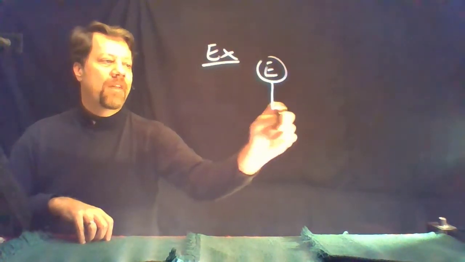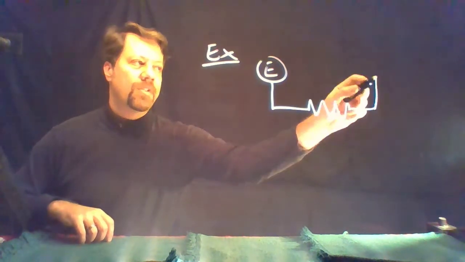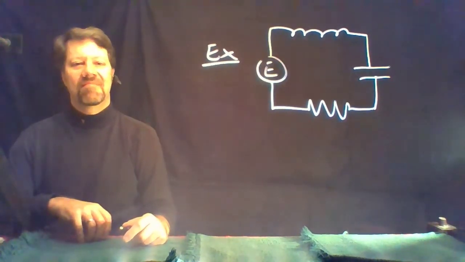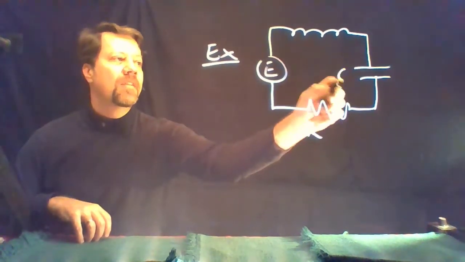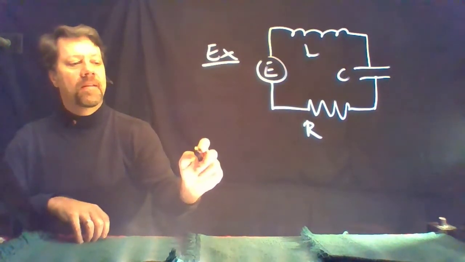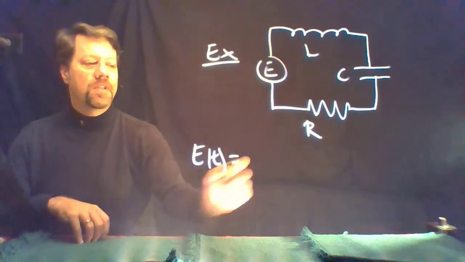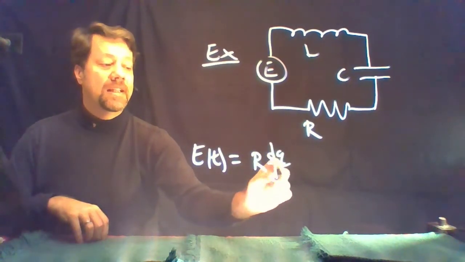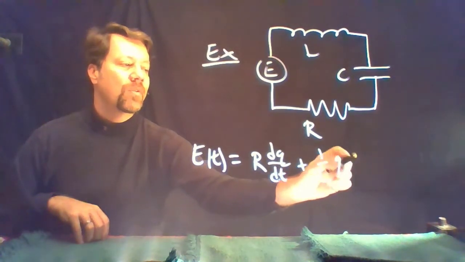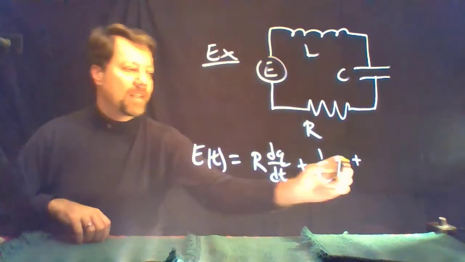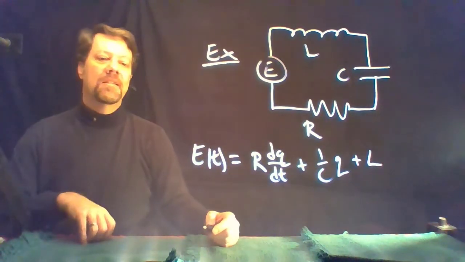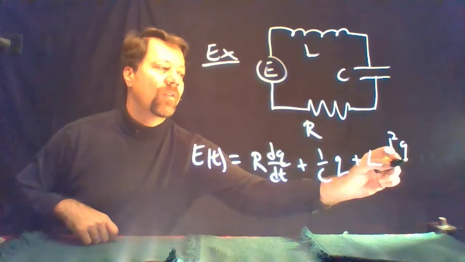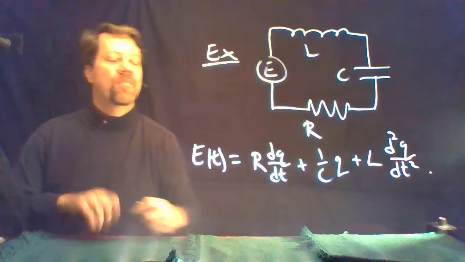And one more example. In this case, we're going to assume we have an electromotive force, we have a resistor, we have a capacitor, and we have an inductor. If you include all three of these, then the total electromotive force imposed has to equal R times dq dt plus 1 over C times Q. And remember that for the inductance, we'll have L times the rate of change of the current I. That's going to be a second order rate of change of the charge.